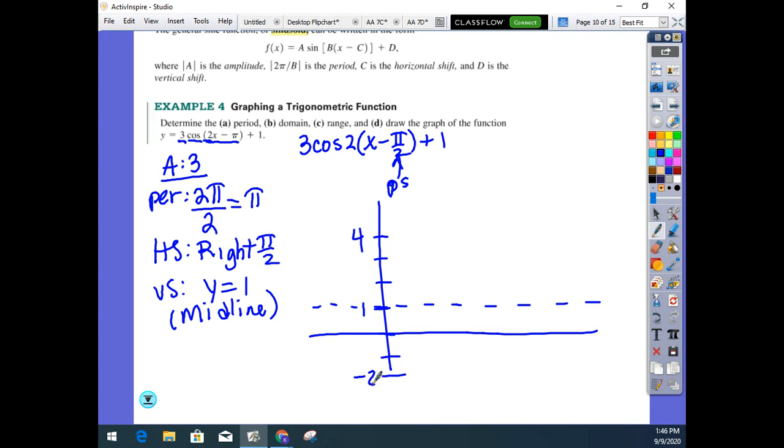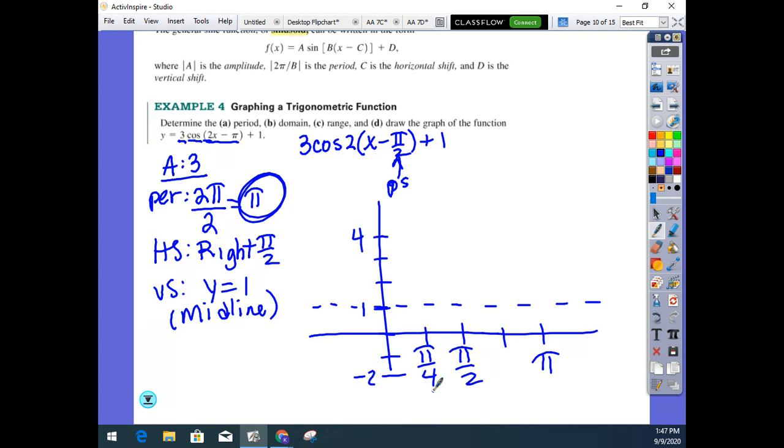All right, the period to me is one of the harder things. 1, 2, 3, 4. It's always going to look the same because I just make my hash marks match the period. So I'm going to go pi to my last one, cut it in half, pi over 2, cut it in half again, pi over 4. And that's good enough for me.